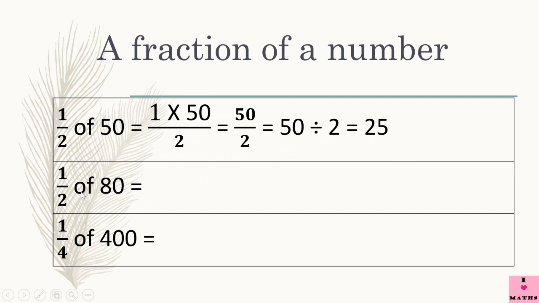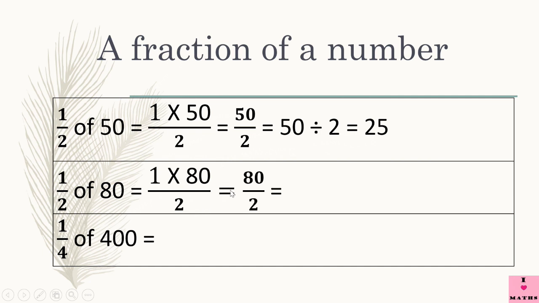Half multiplied by 80 is equal to 1 into 80 upon 2, which is equal to 1 eighties are 80 upon 2. Now this is division bar. So 80 divided by 2 will give us a quotient 40.